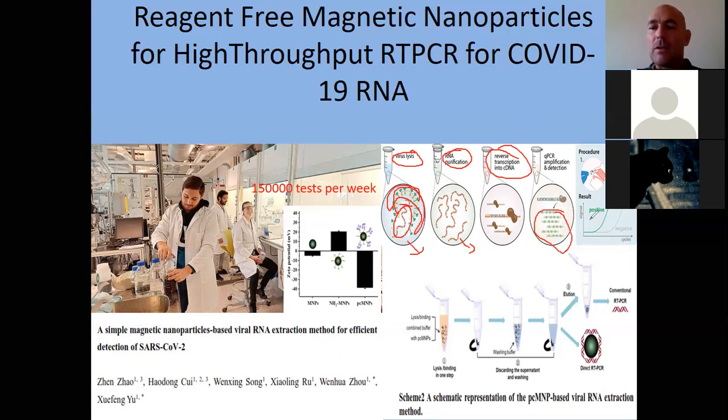And then you can actually detect this RNA using RT-PCR. The RT-PCR is very specific. You can see here the RT-PCR result.